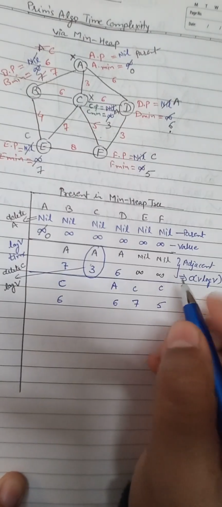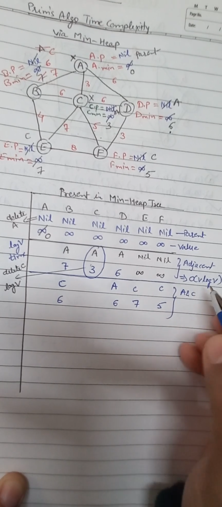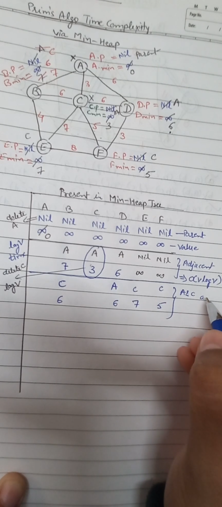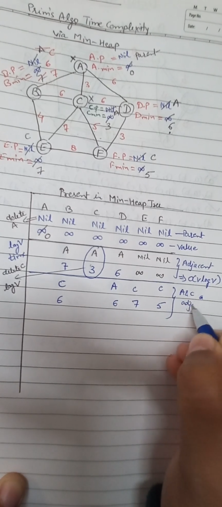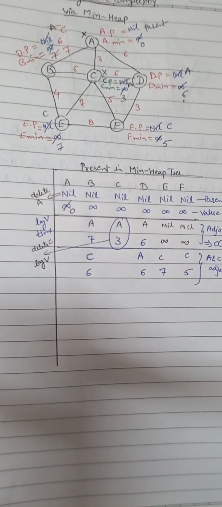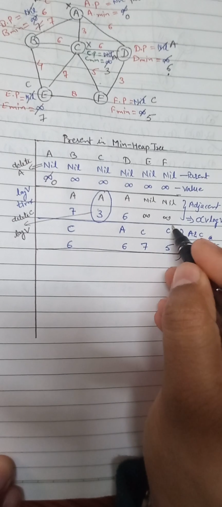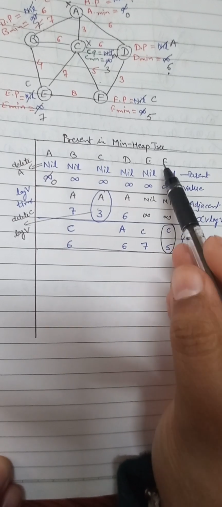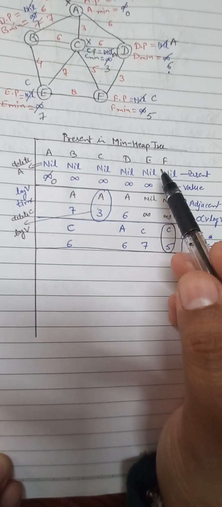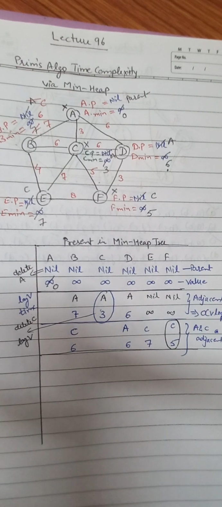So now the adjacent nodes are A and C. Now we need to find out which one is minimum. Right? So which one is minimum here? This C, this value. So what are we going to delete? The F node. So we need to cross check the adjacent nodes of this.